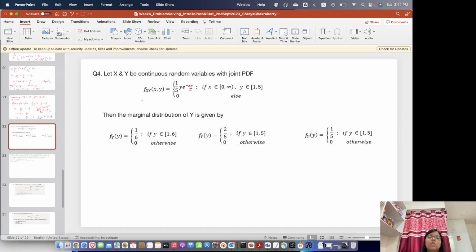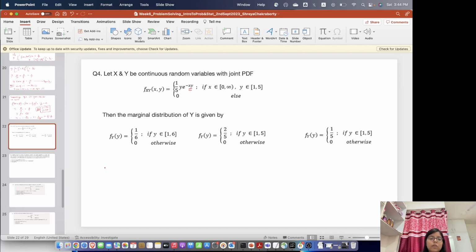Okay. So here we have a product term which involves both x and y. Now it's a little difficult to work around with product terms, because if we had to find out the marginal distribution of y, since the x over here cannot be separated from this y, it becomes a little challenging.